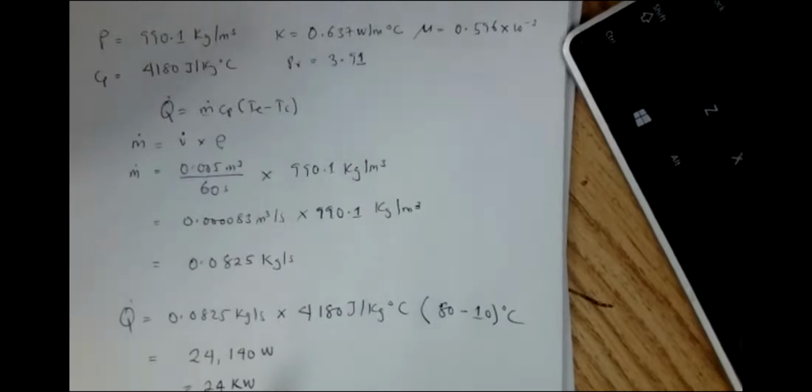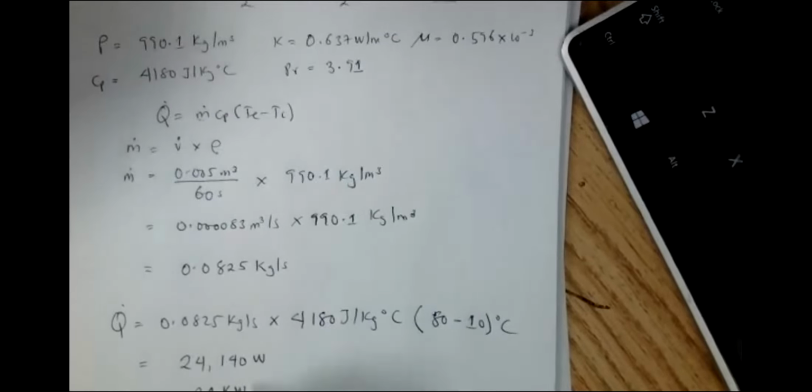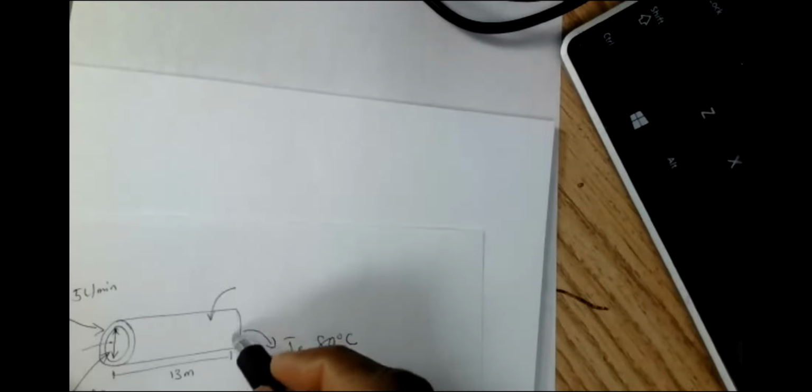Okay. So we have the first part of the question, which was pretty straightforward. The second part of the question is asking us to find the inner surface temperature at this point of the heater, where the water is exiting the heater.